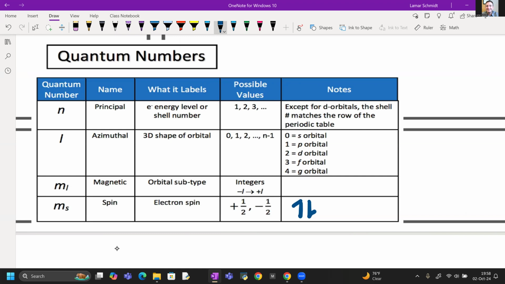Often we see that three quantum numbers are identical, and the only thing that's keeping them not identical is this spin. We're going to talk about what that is.